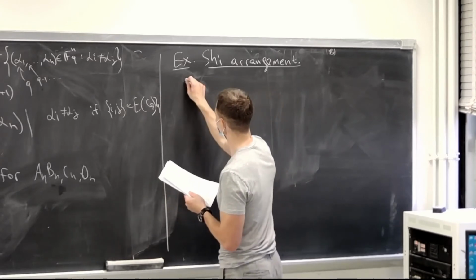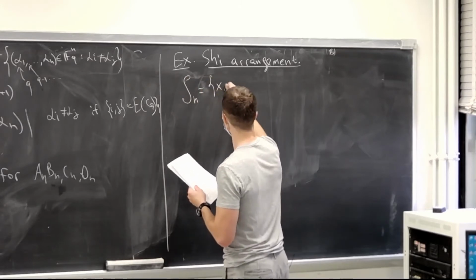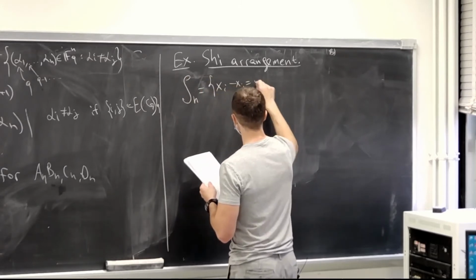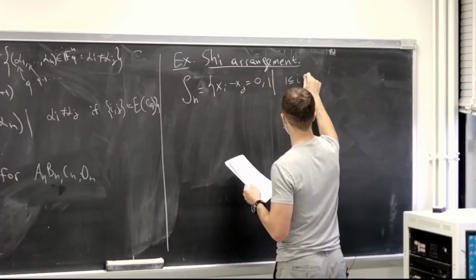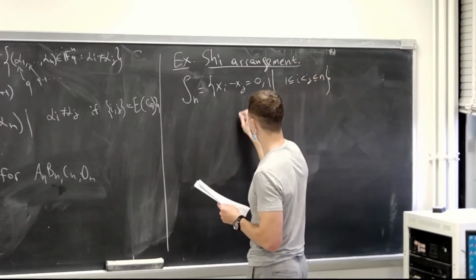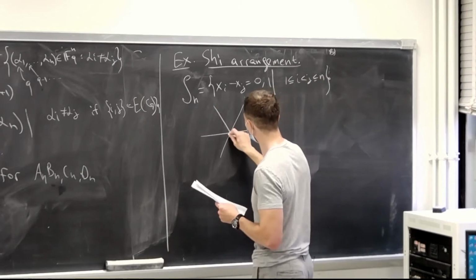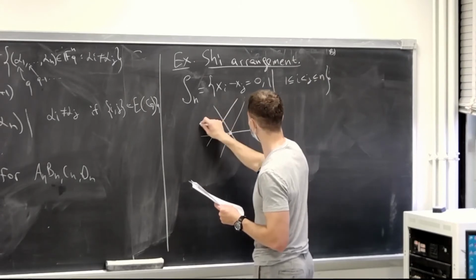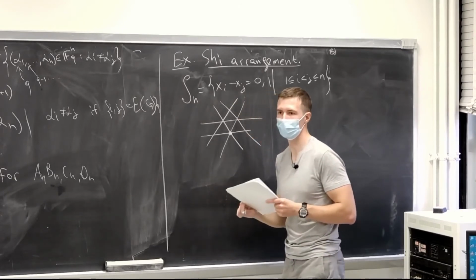The Shi arrangement, if you remember, is x_i minus x_j equal to either 0 or 1, for i less than j. And the picture we had: you take the braid arrangement, and then you shift every hyperplane one step up.